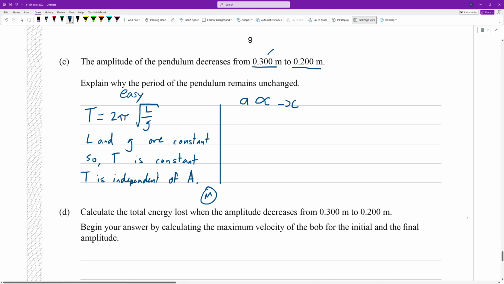So as displacement decreases, as amplitude, which is max displacement, decreases, acceleration also decreases.